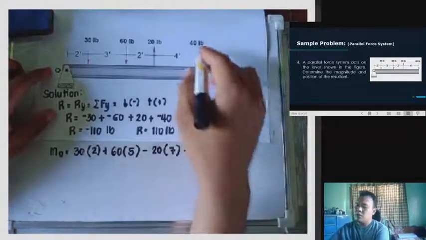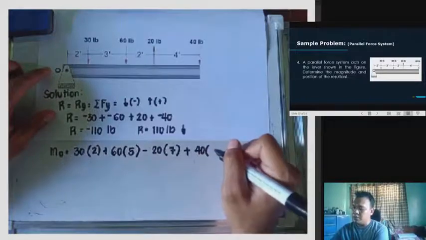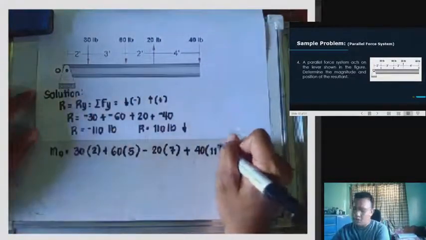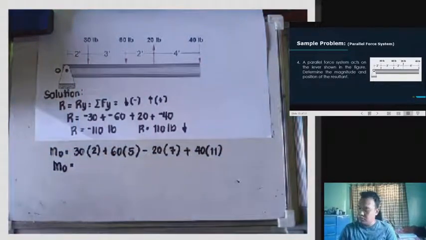Plus, clockwise ulit, 40 multiplied by the perpendicular distance, which is 5 plus 7, 11. So we have here moment at O equivalent to 30 times 2 plus 60 times 5 minus 20 times 7 plus 40 times 11.